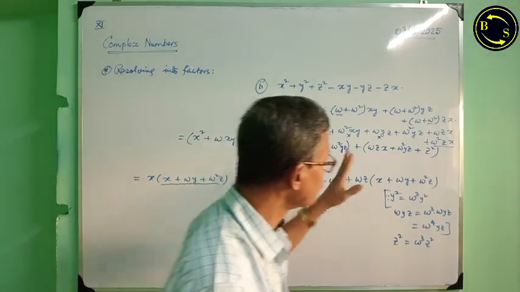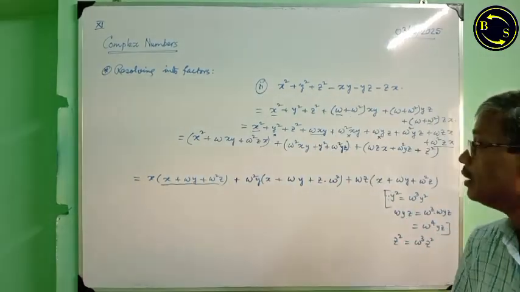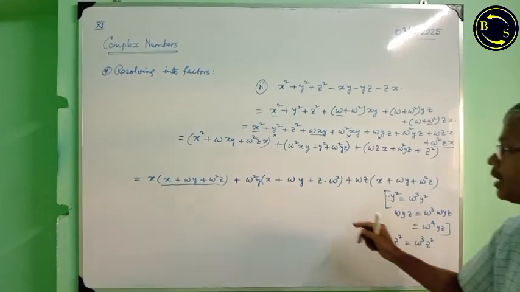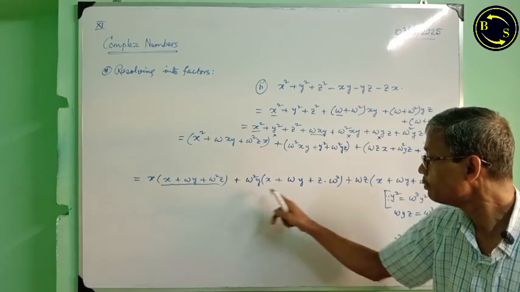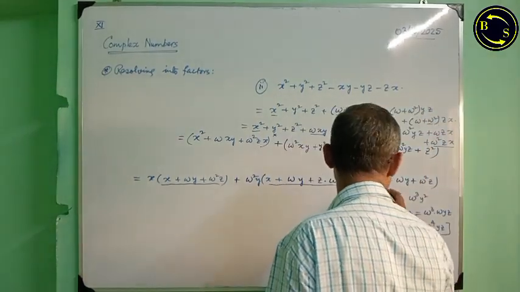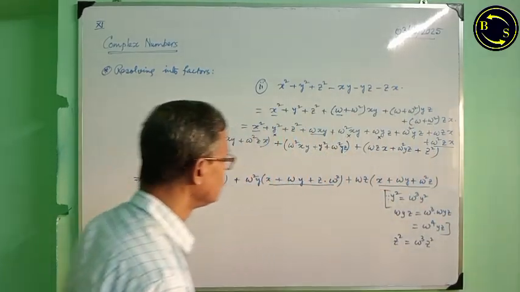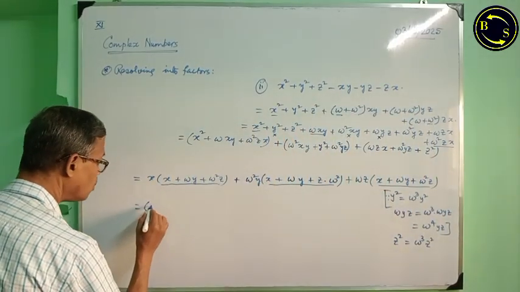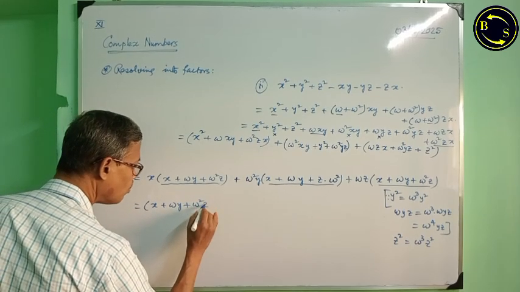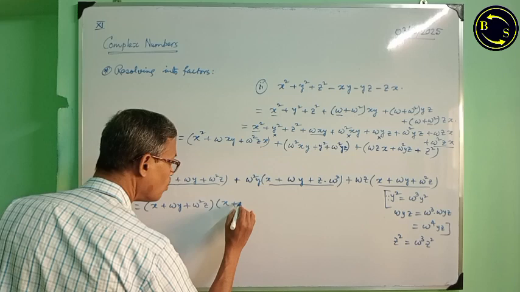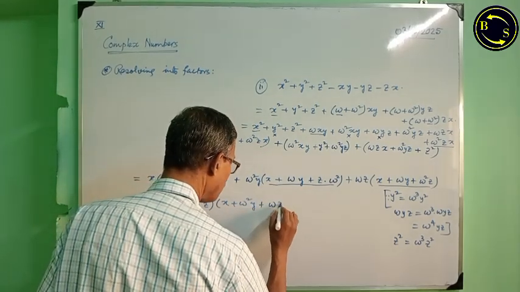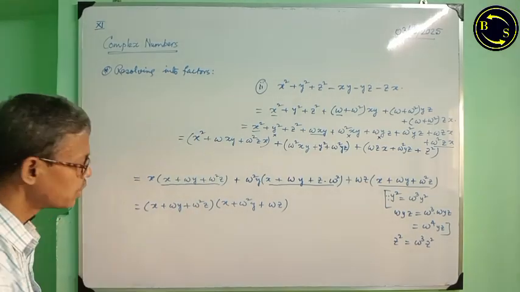Follow these two steps. Now you see I have arranged in such a way that x plus omega y plus omega square z is a common factor. Now we write this is the factor form.